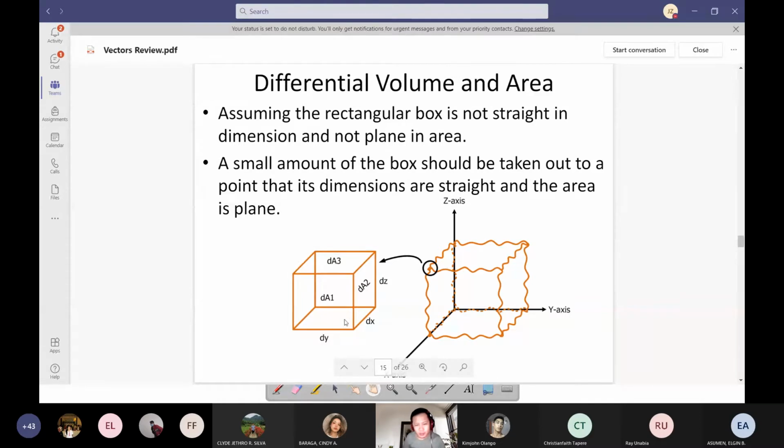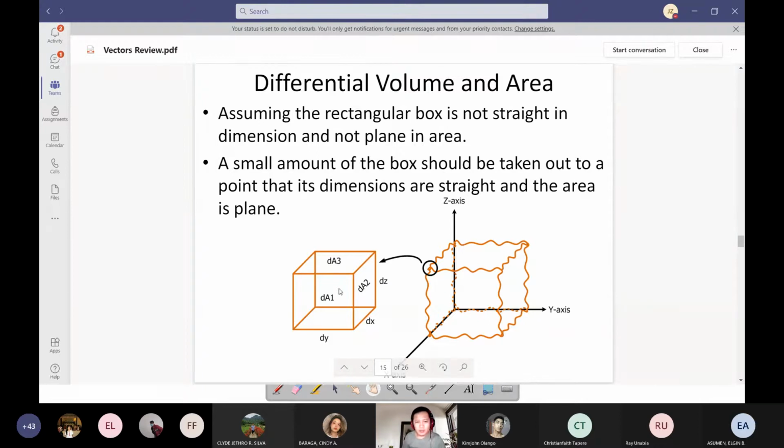Of course the sides will also be differential: a differential amount of the x-axis, of the y-axis, and of the z-axis. So these are the dimensions of this very small part of your rough rectangular box.